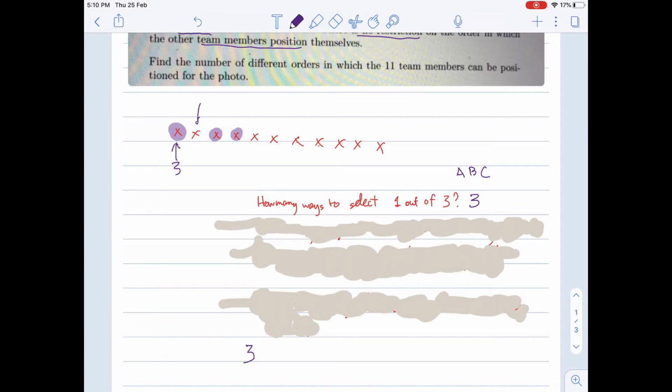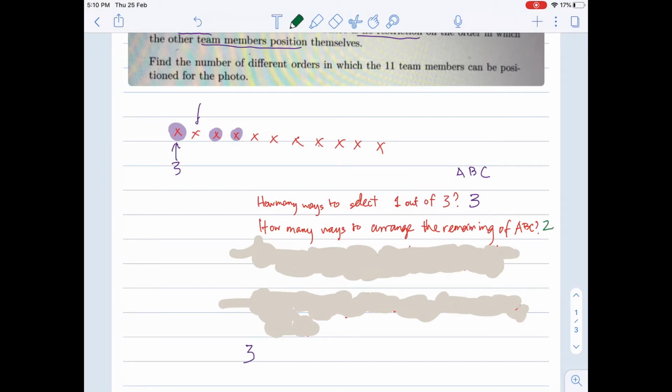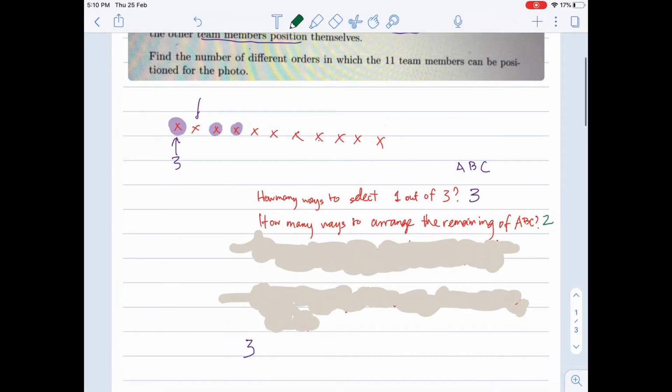My next question is, how many ways are there to arrange the remaining of A, B, and C? So let's say we have selected A and there are B and C left. How many ways to rearrange B and C? That's right, there are 2 ways to arrange B and C. So let's take 3 and multiply it by 2.